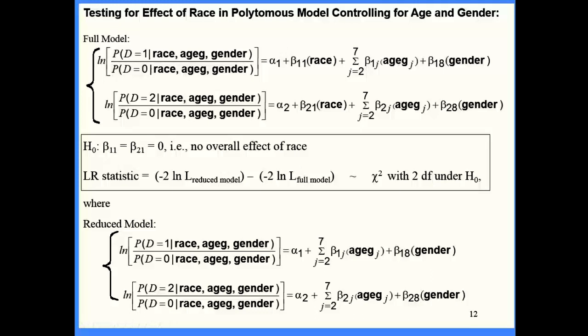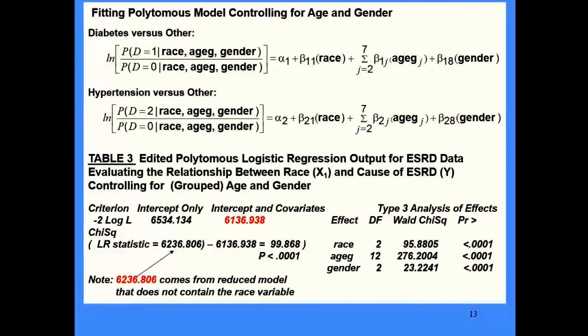So it's still going to be a chi-square with 2 degrees of freedom, but it might not be exactly the same chi-square value, because the full and the reduced model aren't the same as what they were originally when you're dealing with the crude data. So you're going to get a different computer output. So let's see what happens here.